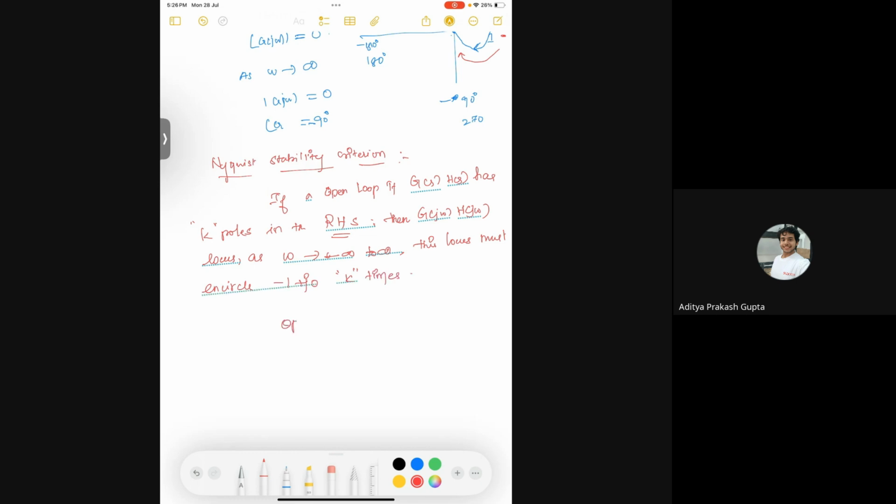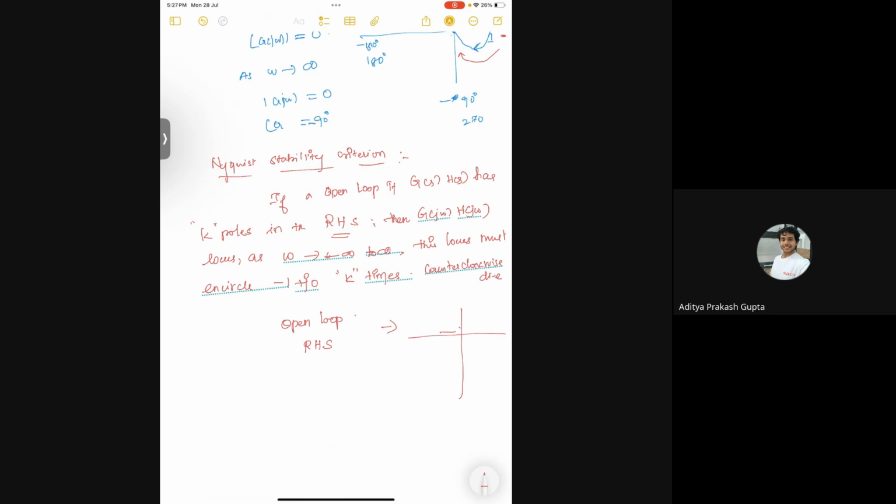So if open loop poles are present in the right half of the s plane, the important thing is the counterclockwise direction: there will be a counterclockwise encirclement.